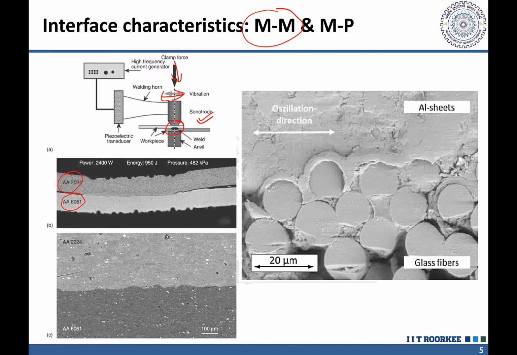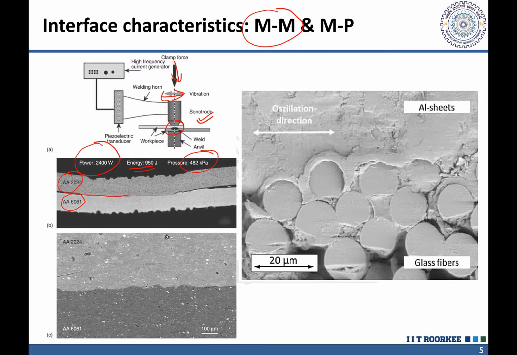Okay, and what will be the joint morphology, the extent of heat generation, the maximum temperature rise, whether there will be melting or no melting, just thermal softening, all that depends on the amount of energy being supplied. Say the power of the ultrasonic machining system is 2400 watt, and the energy being applied for development of the joint is 950 joule, under a pressure of 482 kPa.